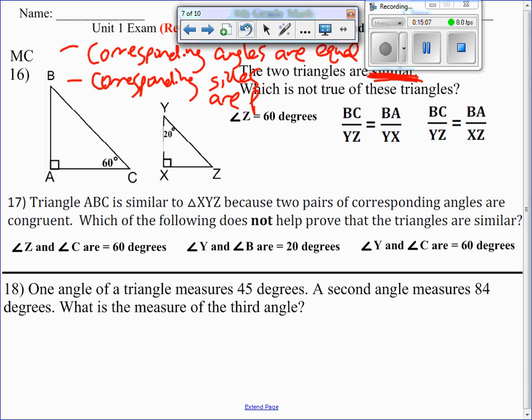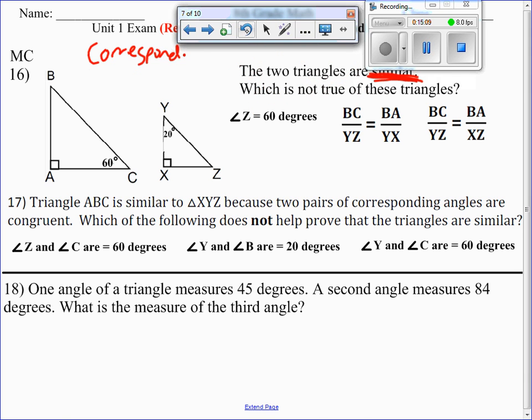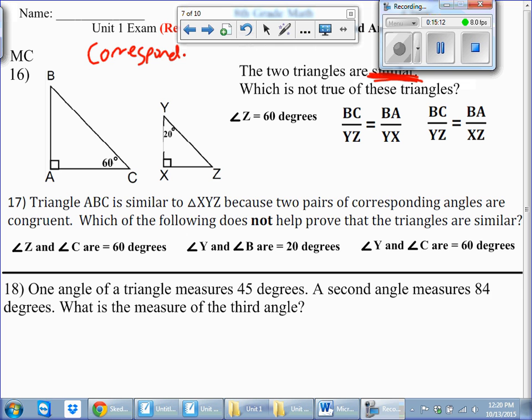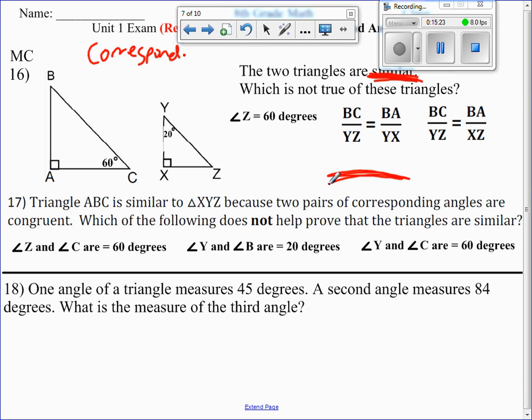So let me get rid of these definitions because they're in the way. Okay, so it says which is not true. So let's look at the proportions first. Let's look here. It says BC over YZ. So let's see if they match that up correctly. BC is the diagonal side, YZ is the diagonal side, so that's good.